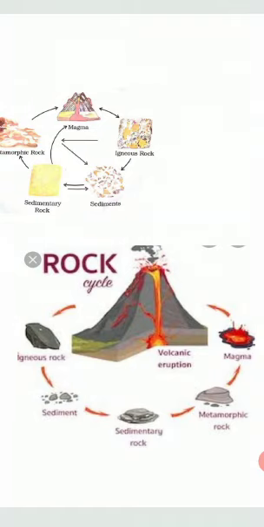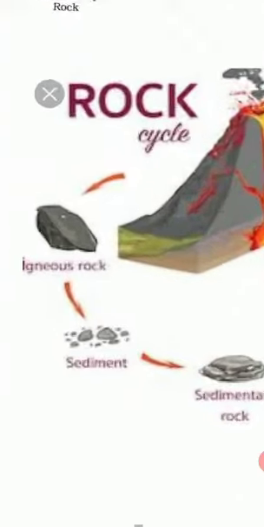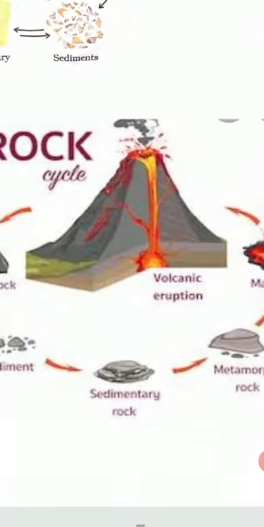They are carried away by wind or air and they get deposited at one place. At that one place where they get deposited, they form another kind of rock, that is sedimentary rock. You can see it very clearly. This is sediment, that is the small particles, and then we have the sedimentary rock.